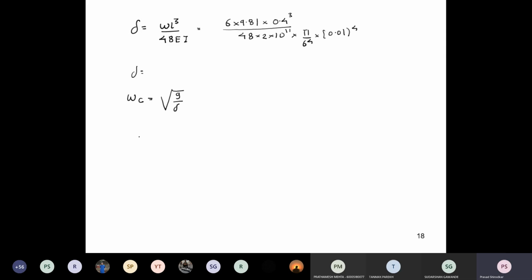Then we'll go for the steady state amplitude of vibration. Again, whatever is question mark, you have to enter.